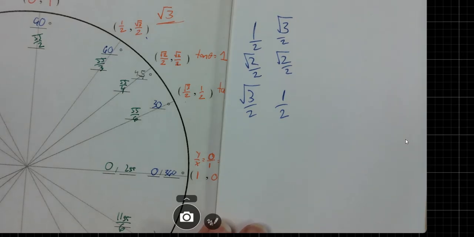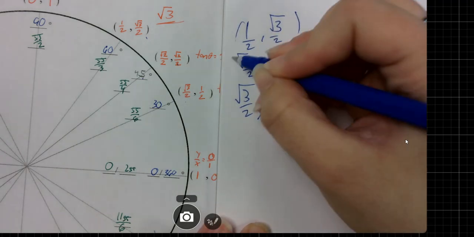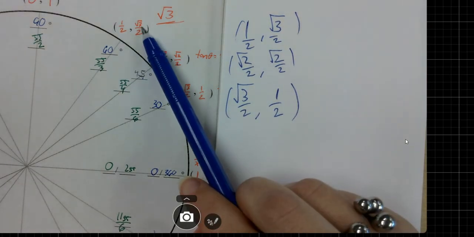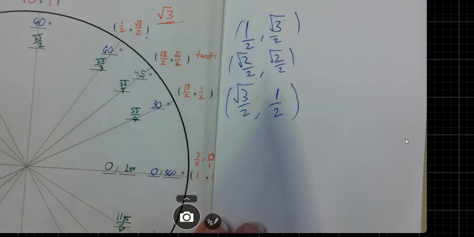If you don't like to change, you can keep it radical. What's root 1? You can keep it root 3, root 2, root 1. It's still the same. Like a square root. So everywhere there's a 3 in my numerator, there's a square root. There's a 2 in my numerator, there's a square root.